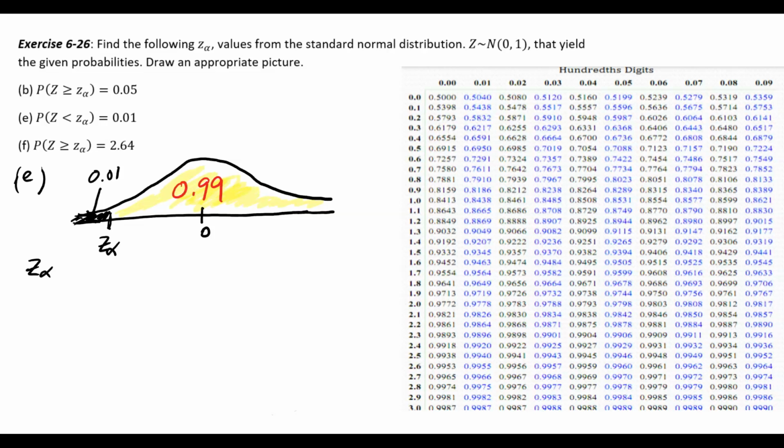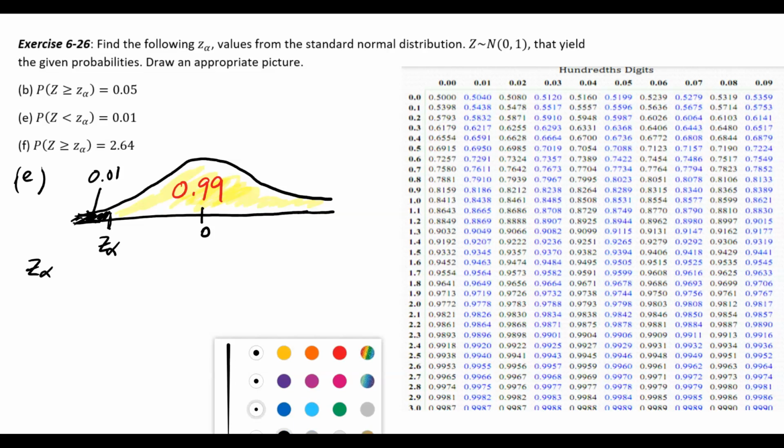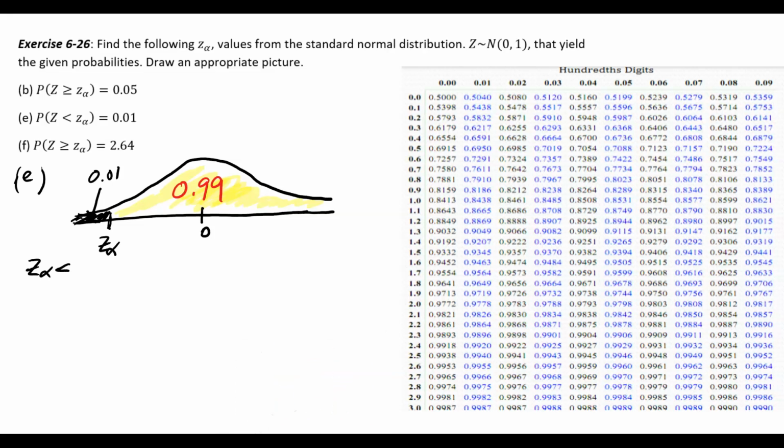Recall that our standard normal distribution table only gives us probabilities that are to the left of the z-score. And notice that this number here, the z sub alpha that we're looking for, is less than 0 because it's to the left of 0 on the number line.